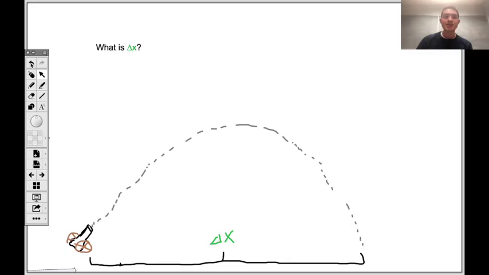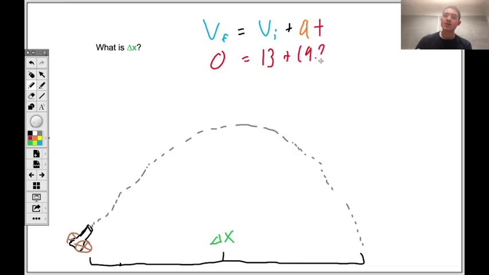To do this, we can use this equation, and plugging in the values, 0 equals 13 plus 9.8 t. Then we find that the time equals 1.35 seconds.